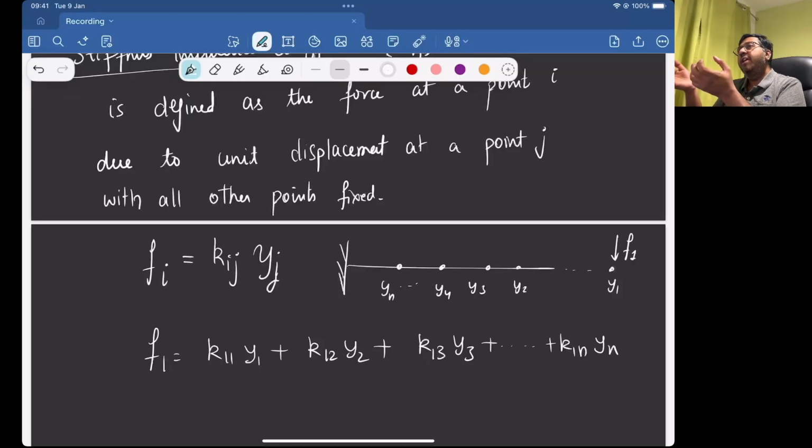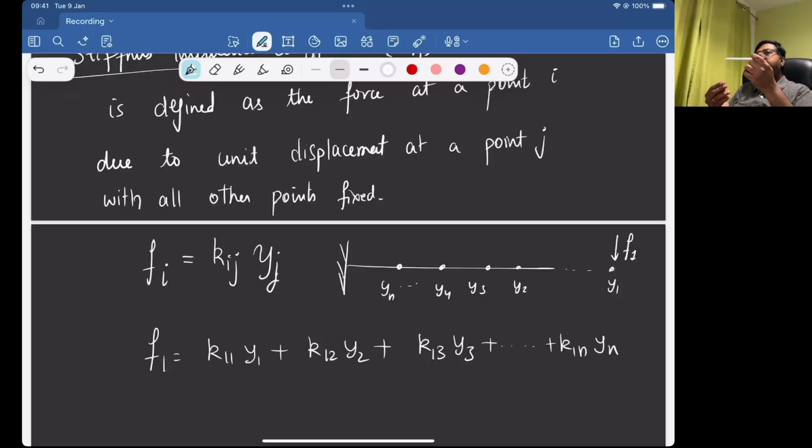So this is saying how stiff is the structure, or how much force do I need to apply for this displacement at that point. If the structure is stiffer, then to get the same displacement I need to apply higher force. If I have a very flexible structure, Kij is very small, and even a very small force will lead to a large displacement, right?